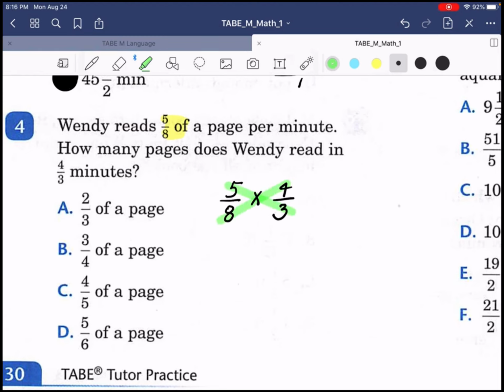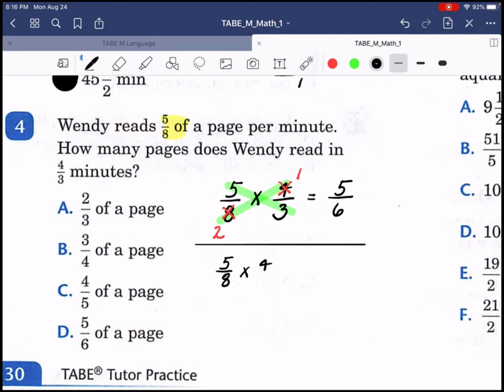You can only cancel one way here. That's going to be the 4 and the 8. And I'm doing that, as you see. And then you can multiply 5 times 1 and 2 times 3. I'm not sure what I'm doing here. I must be working it longhand.